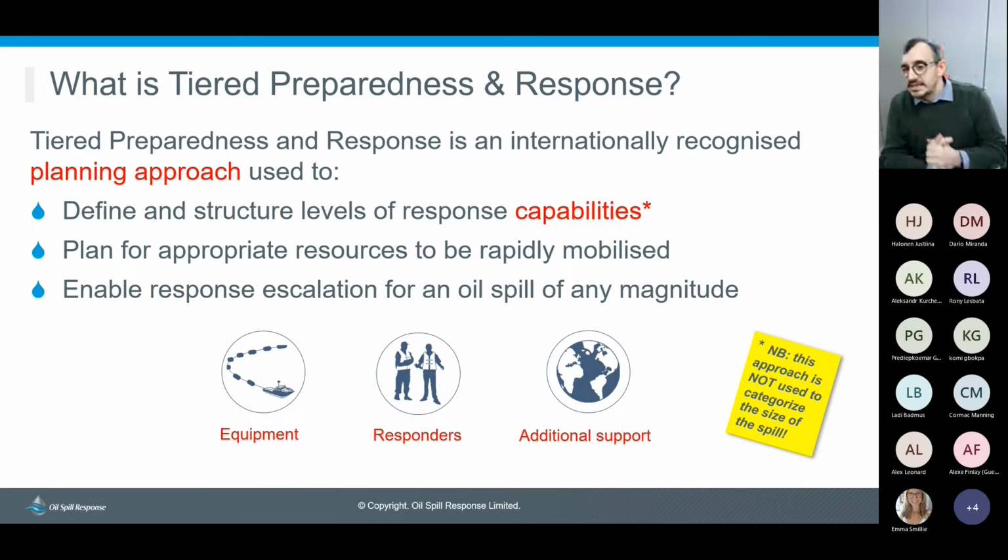Put simply, it's a planning tool to illustrate what capability is needed in terms of how much and by when. Ultimately, this should be based on assessed risk and consider not just equipment, but also responders and logistical support.